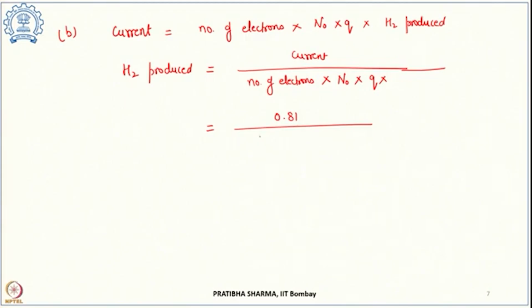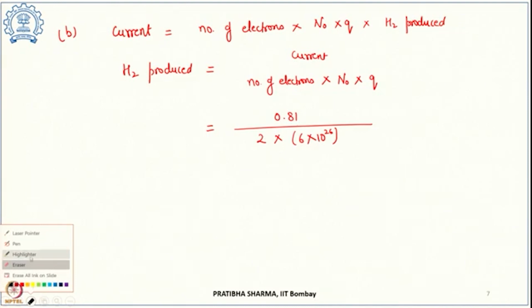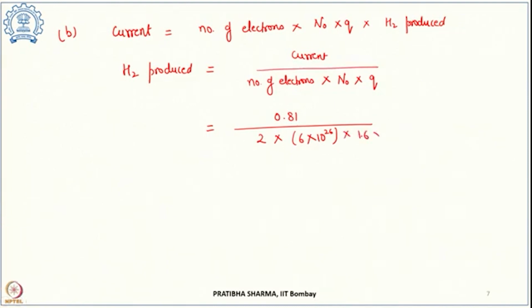The number of electrons transferred in the electrolysis is 2, value of N naught 6 into 10 raised to power 26, charge on one electron 1.6 into 10 raised to power minus 19, and this will give us hydrogen produced, and the unit will be kilomoles of hydrogen produced per second.